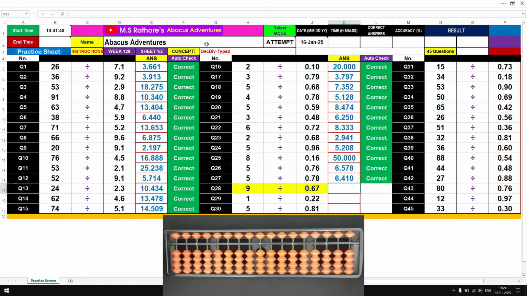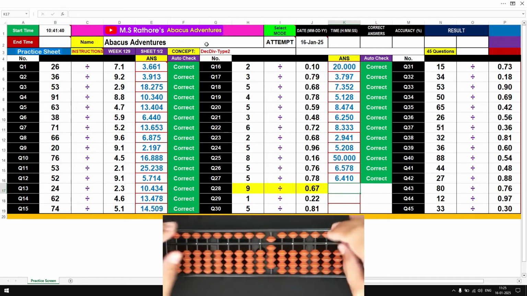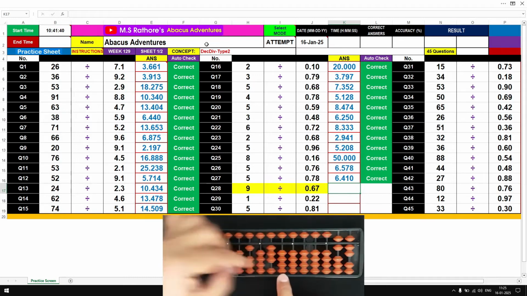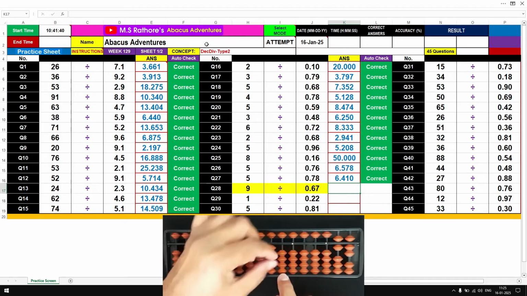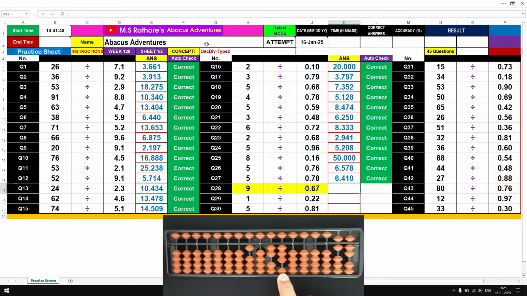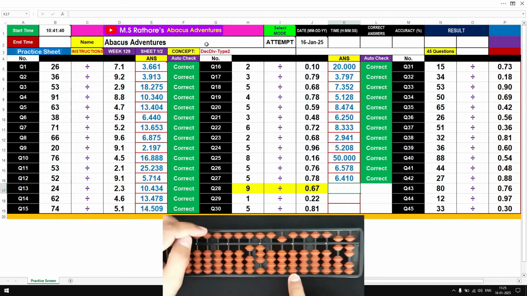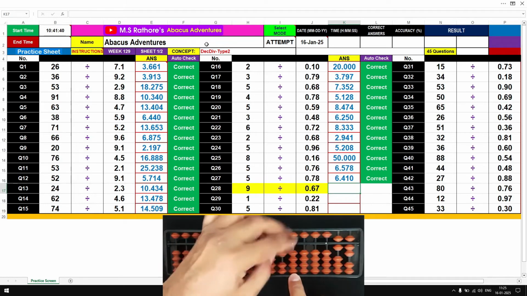Question number 28, 9 divided by 0.67 or 9 divided by 67. My finger is below 9. 6 1s are minus 6, shifted, 7 1s are minus 7. New round. 6 3s are 18, shifted, 7 3s are minus 21.